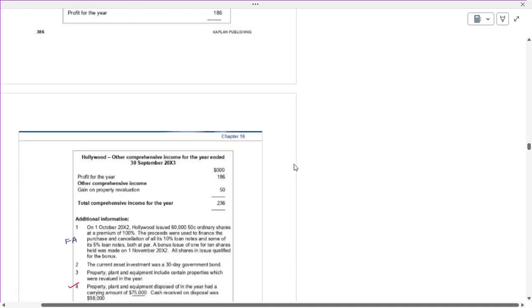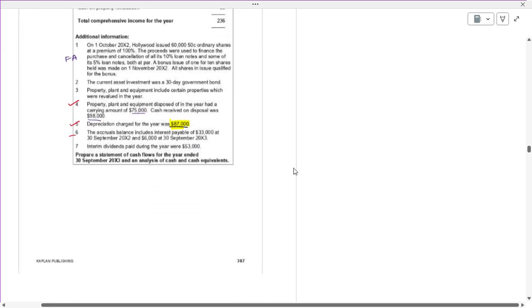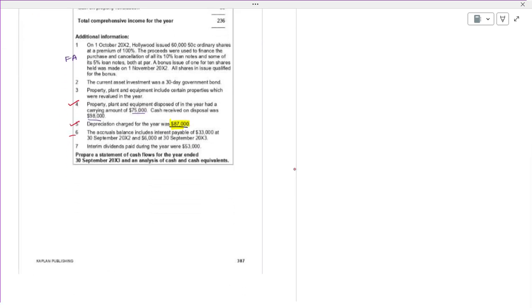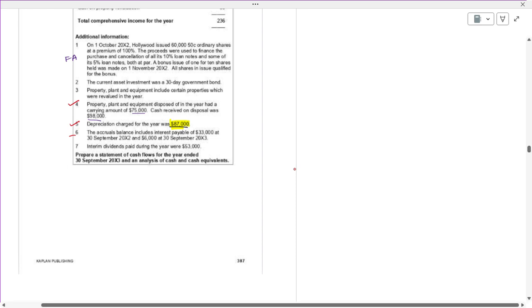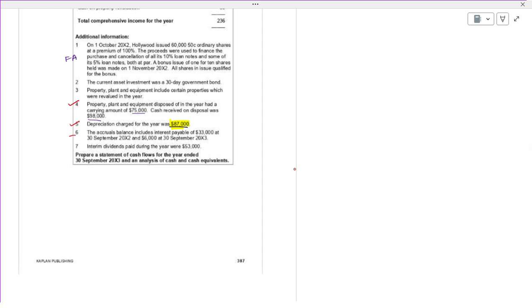Accruals. How much are the accruals? The opening accruals balance includes interest payable 33 at the last year and 6,000 on 30th September.